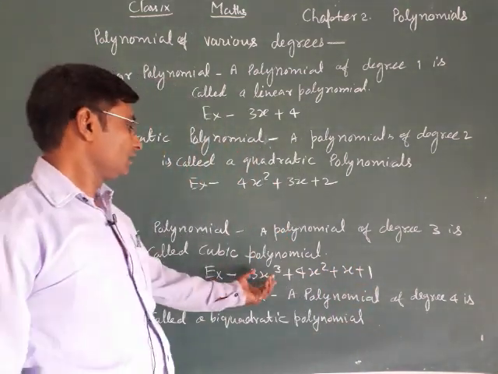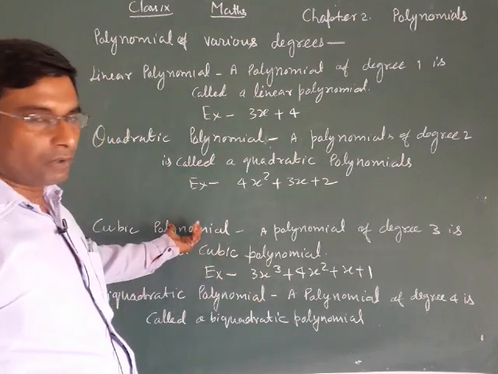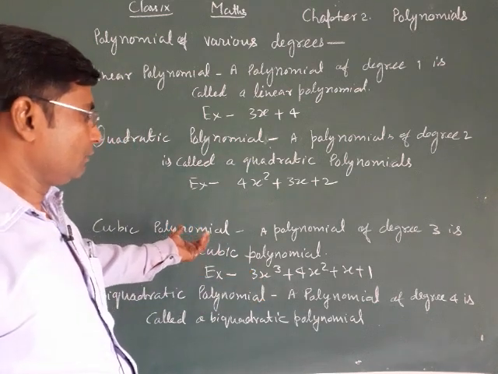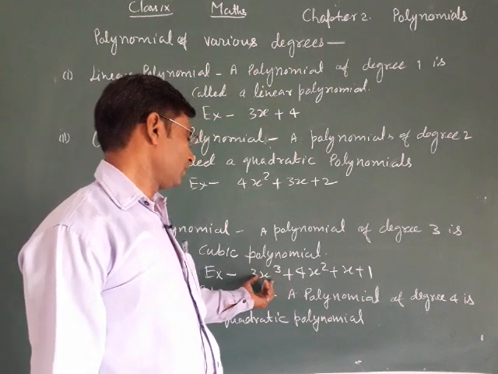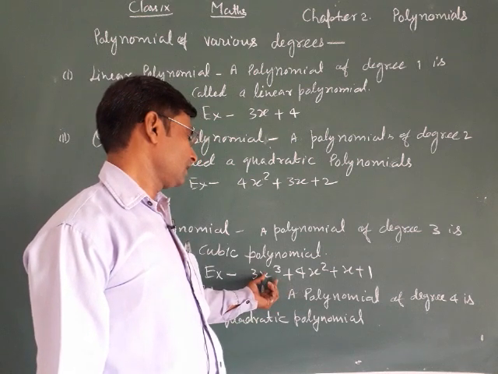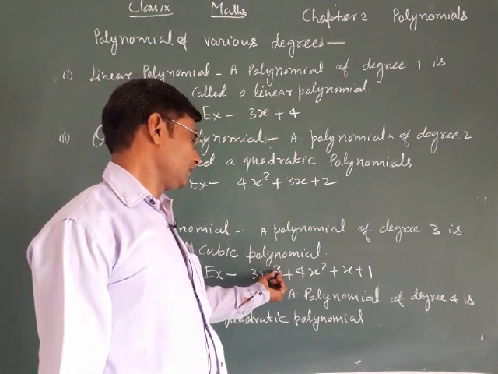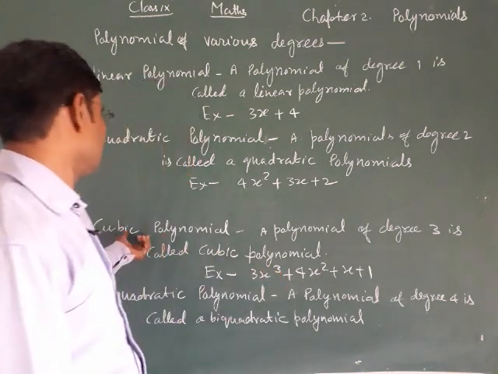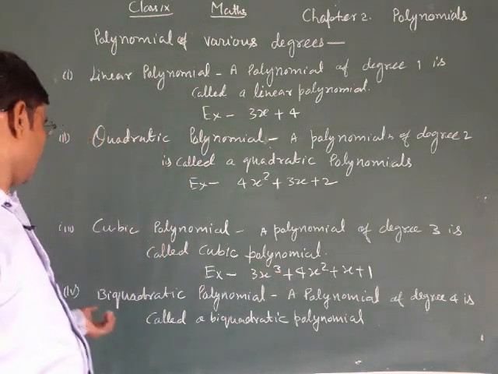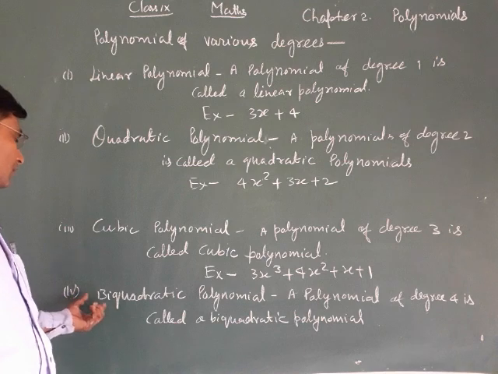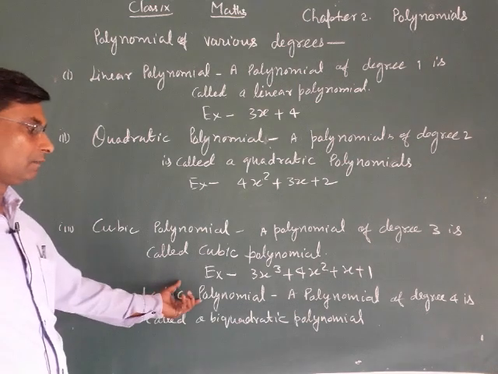This is called a cubic polynomial because the maximum power of x is 3. And last, biquadratic polynomial.